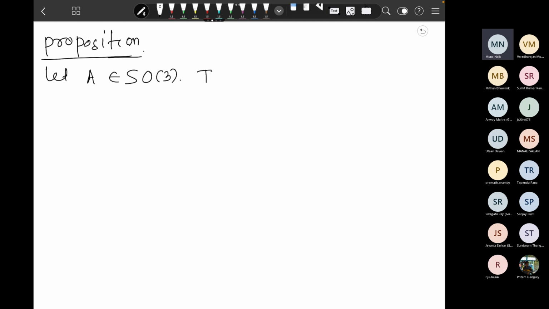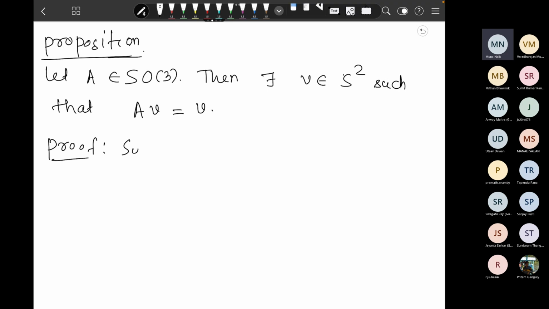Then there exists V belonging to S2, where S2 means the unit sphere, so that AV is equal to V. For the proof, it suffices to show that A has eigenvalue 1.